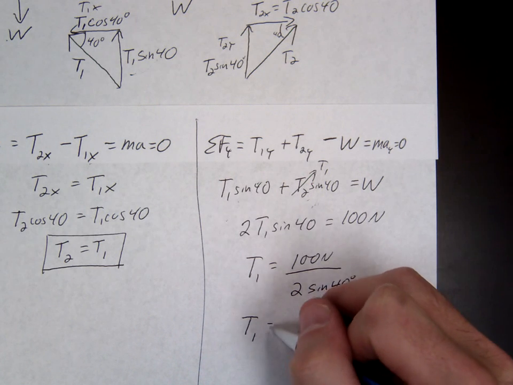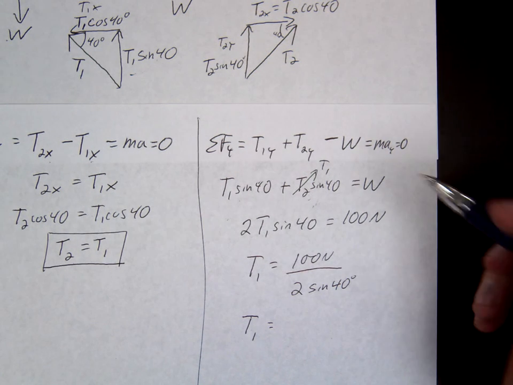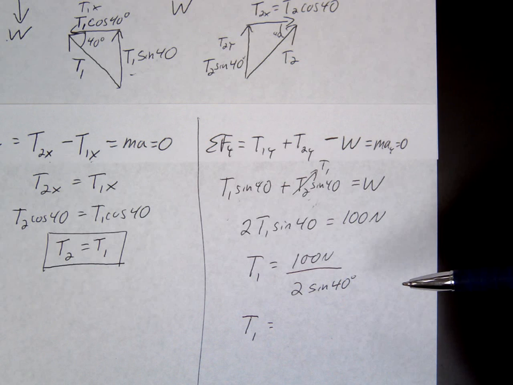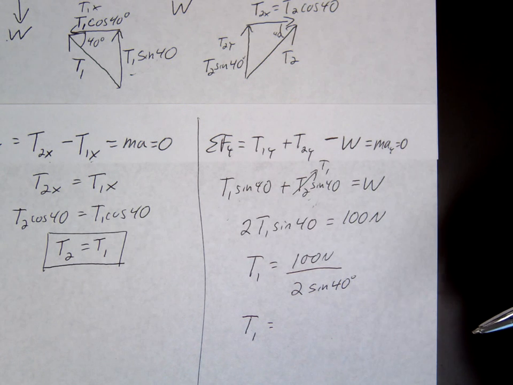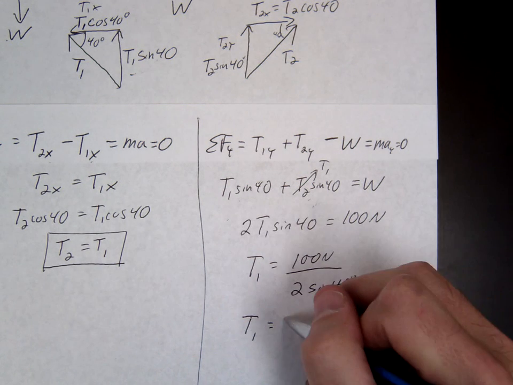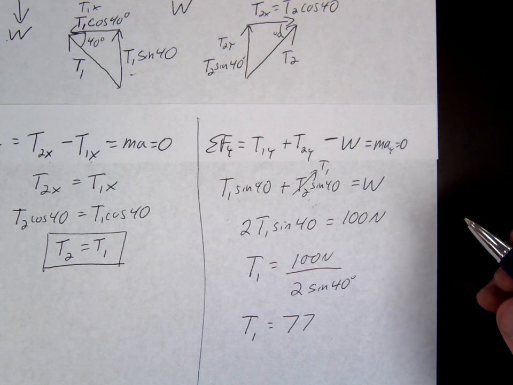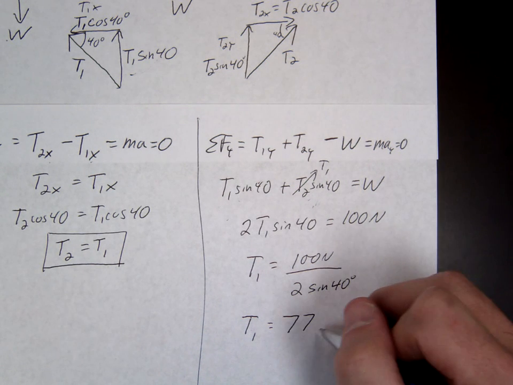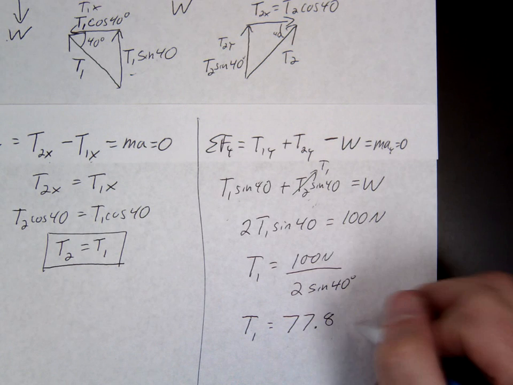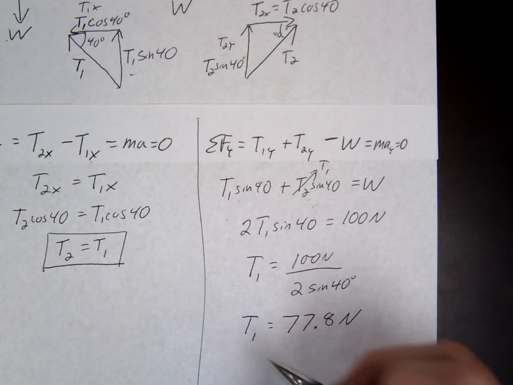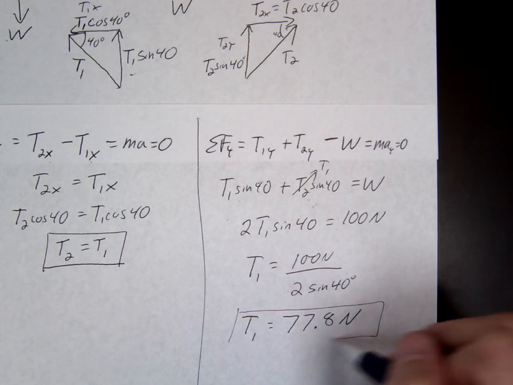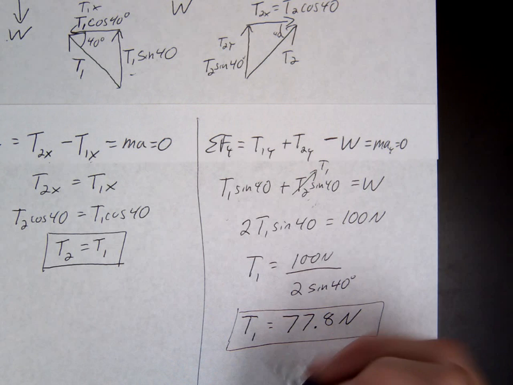Make sure you can plug it in. People always calculate this wrong. 77.79. Make sure you can plug this in. People always make mistakes on this one. 77 point what? 79. And let me just show you what people always do to do this wrong.